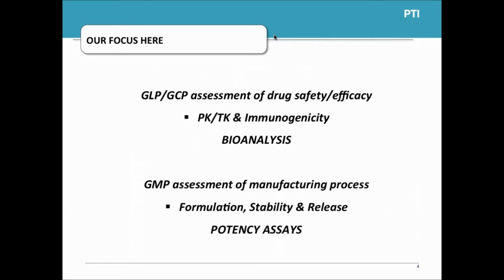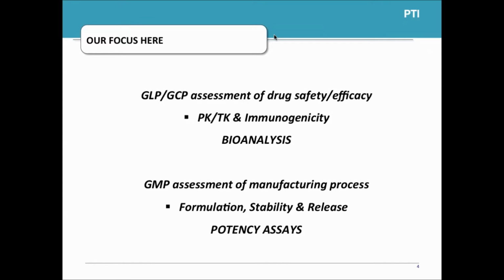Well, the focus in the course that we're teaching is, in the first instance, assays that are run under a GLP-GCP assessment of drug safety and efficacy, and that can be anything for pharmacokinetic, tox, or immunogenicity. So that is the bioanalytical part, and that is where my expertise lies, and that will be the focus on day 1, including validation.